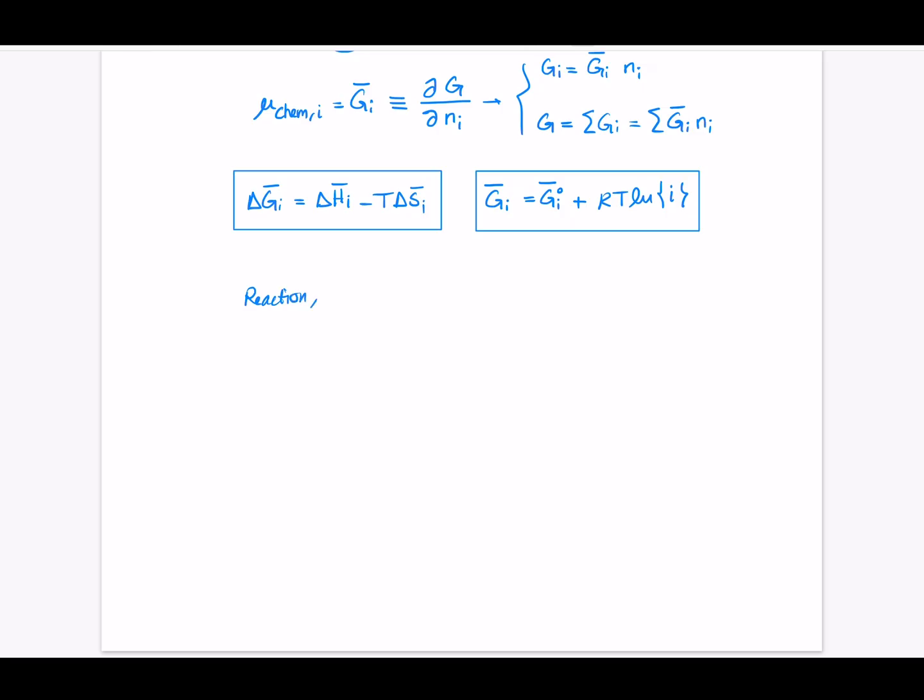The reaction is just the relationship between species. When we zoom in on the system, this is a relationship between different species, so we expect the relationship to be similar to what we had for species.